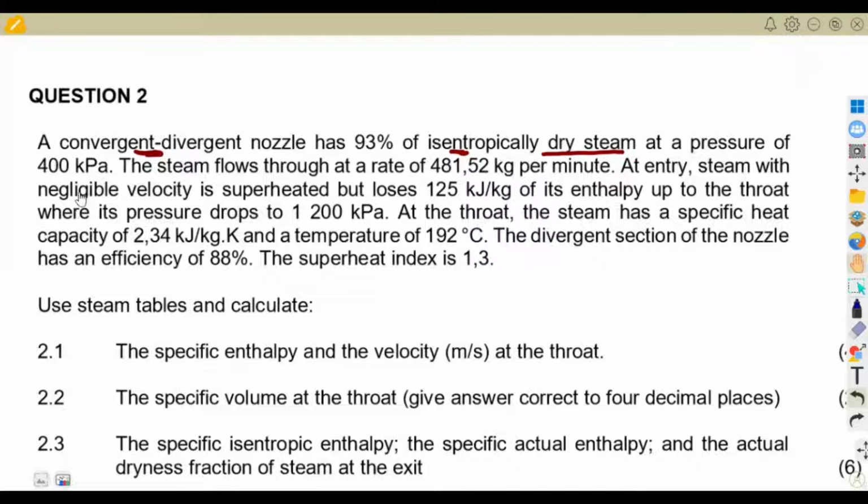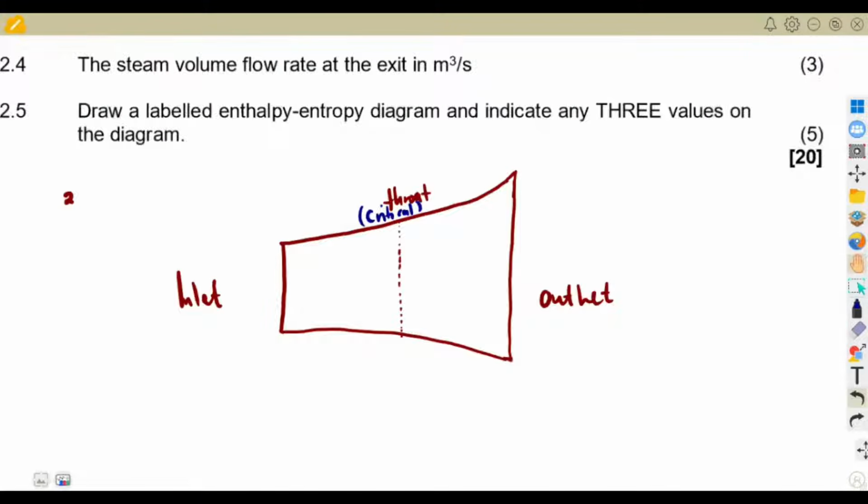This is the pressure entering. That is where we have the steam as dry steam. Take note, guys, it is entering as dry steam. So this steam here is dry.